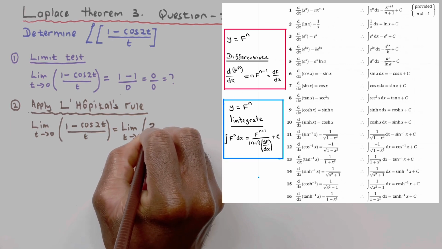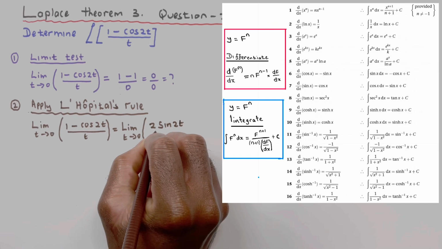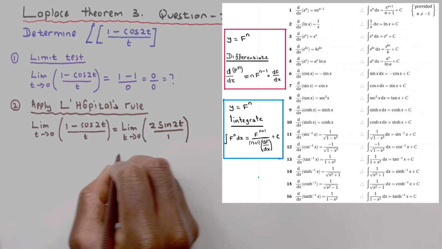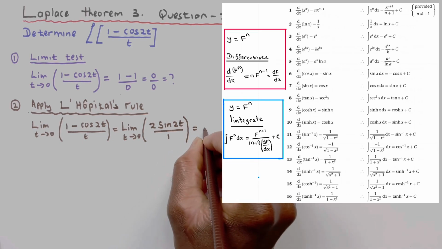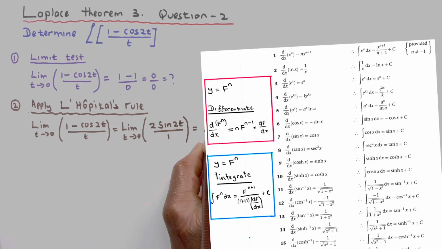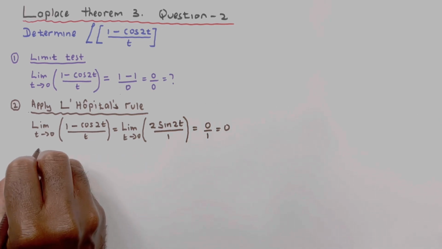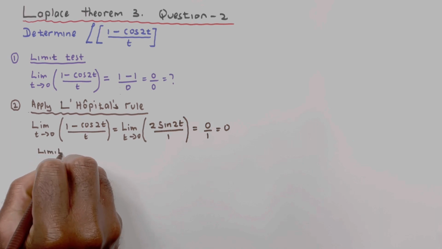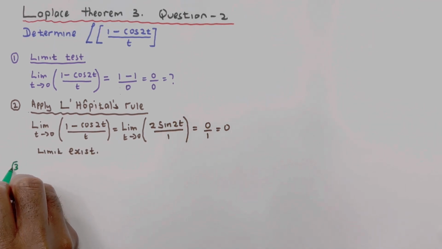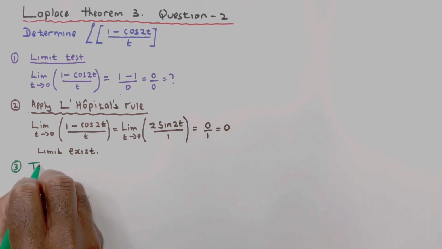Differentiate minus cos 2t, you get 2 sine 2t over 1, because if you differentiate t, you get 1. T equal to 0. Sine of 0 is 0, so 0 over 1 is 0. So the limit exists. And now we're going to apply theorem 3 to Laplace.